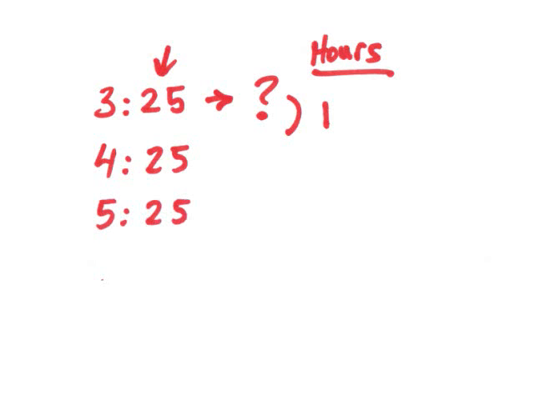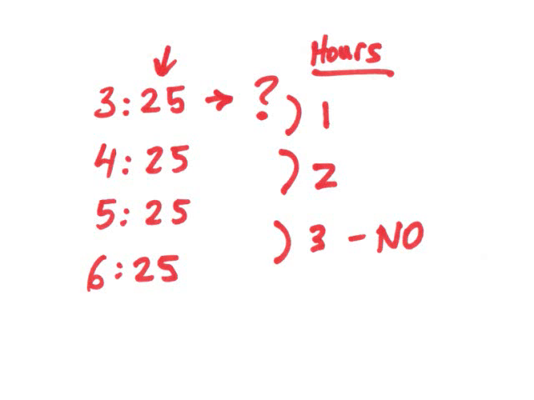Then next is 5:25. And we draw the little bump thing, and that would be 2 hours. Next would be 6:25, but that would be 3 hours, which we don't need because we only need 2 whole hours, and then an extra 45 minutes. So we'll go back to the 5:25, put a little star by that, and that's 2 whole hours.